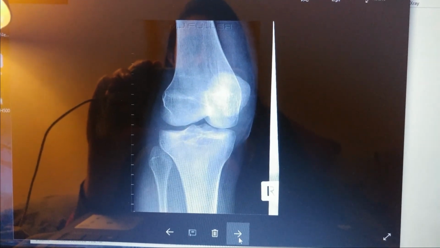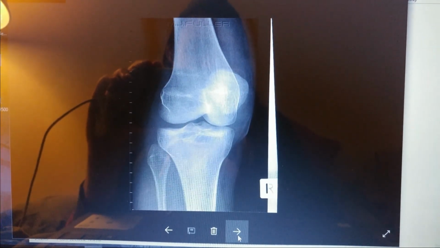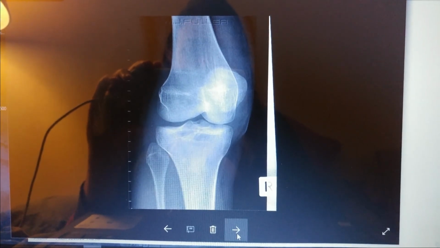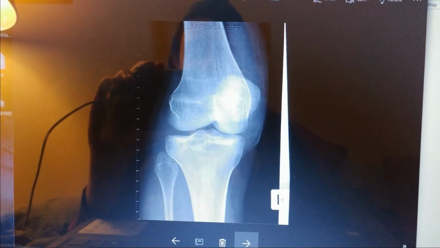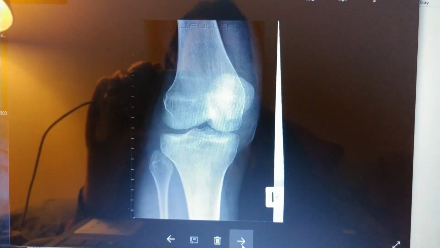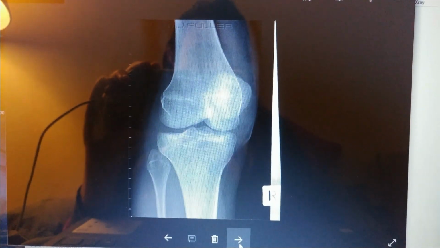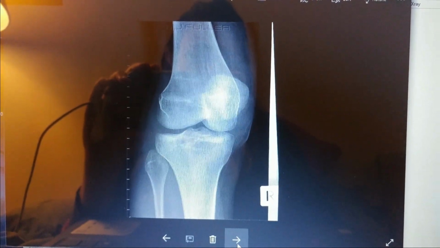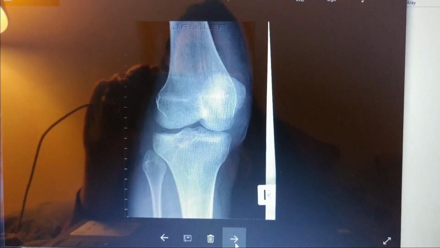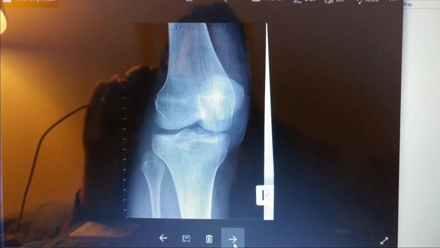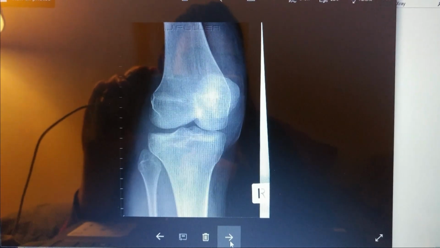So here we have the AP oblique with medial rotation projection of the knee. For this one, you rotate the entire limb 45 degrees medially, and the central ray enters about 1/2 an inch distal to the patellar apex, similar to the regular AP projection.